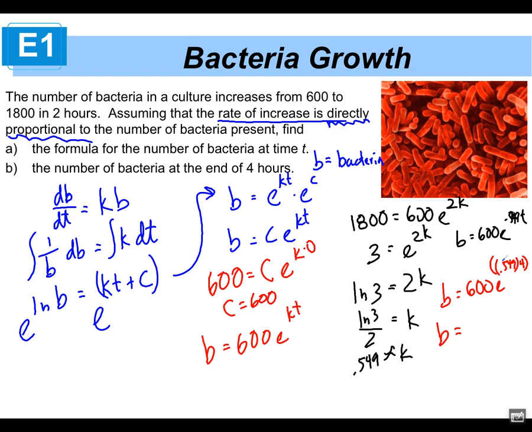Okay, it's a word problem: 5,400 what? Bacteria. Not so bad, right? Where's our answer for A? A is right here. That's the general equation. In your general equation, you should have the growth rate or decay rate in there, and you should have the starting amount. And then here's our answer for B.